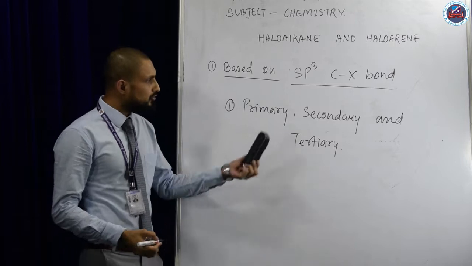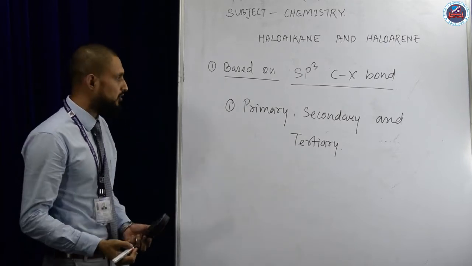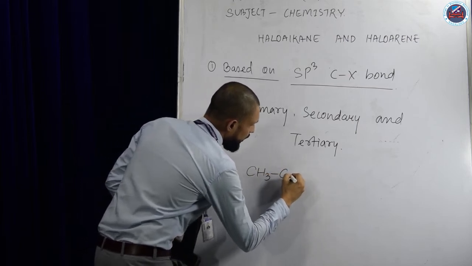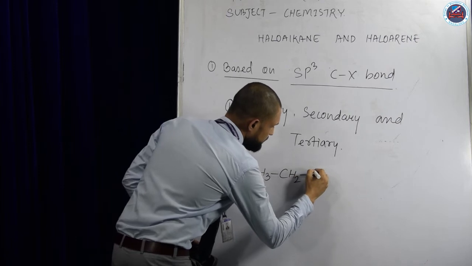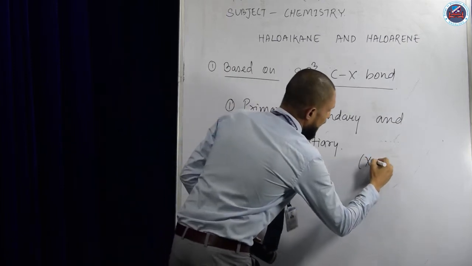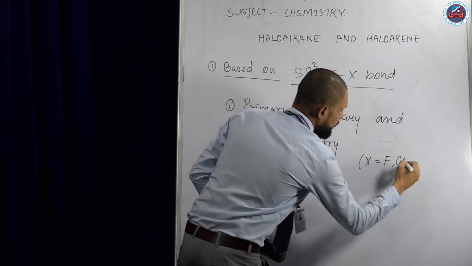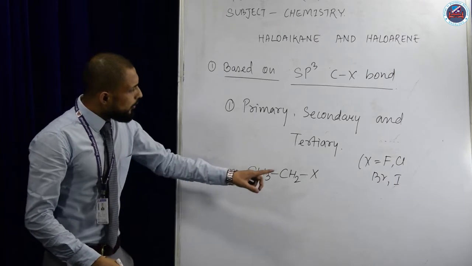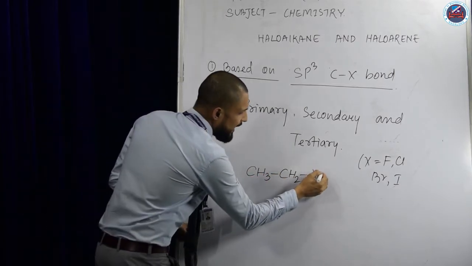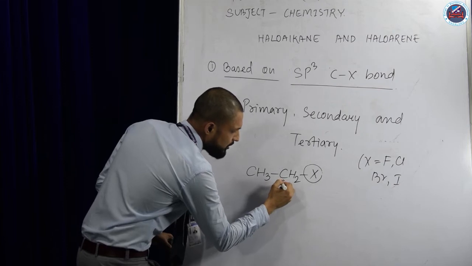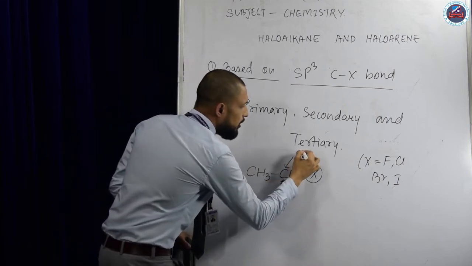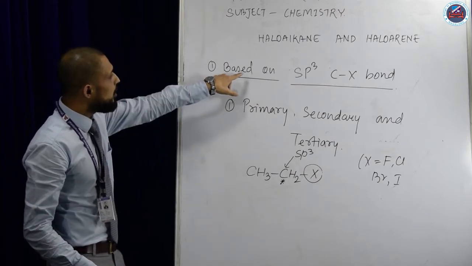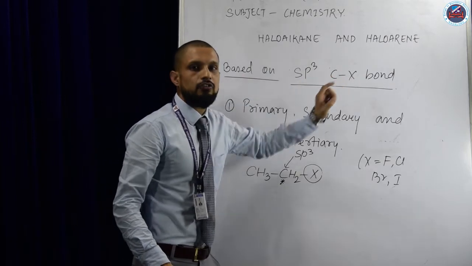We'll try to understand the classification with the help of examples. So let us take this compound CH3CH2X, where X can be any halogen atom like F, Cl, Br, I. Now you can see the halogen atom is attached to this carbon, and this carbon uses sp3 hybridization. So that's how it comes under classification based on sp3 C-X bond.